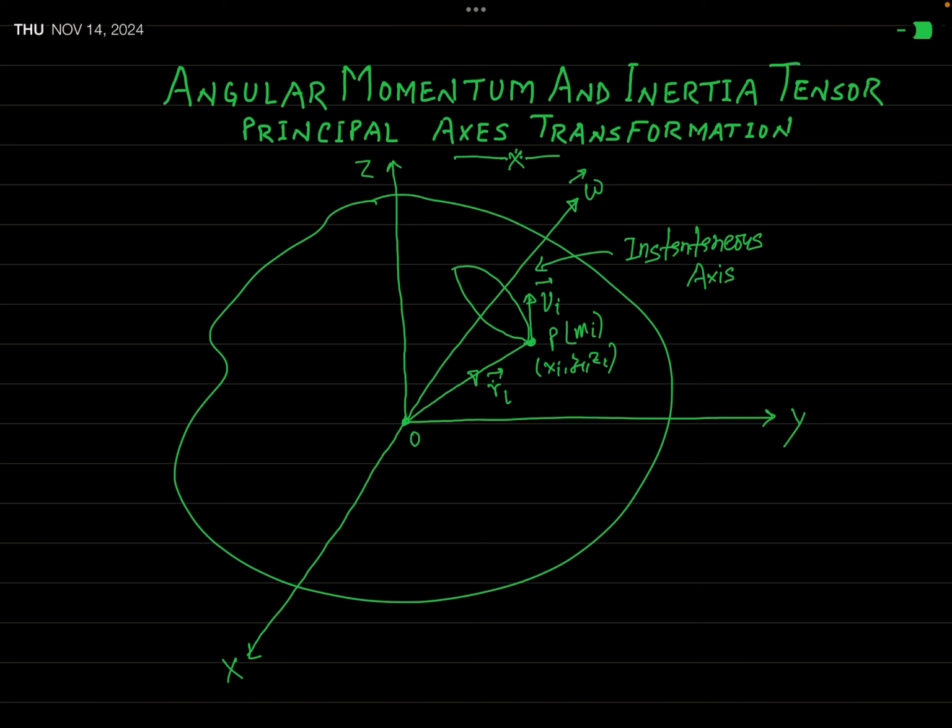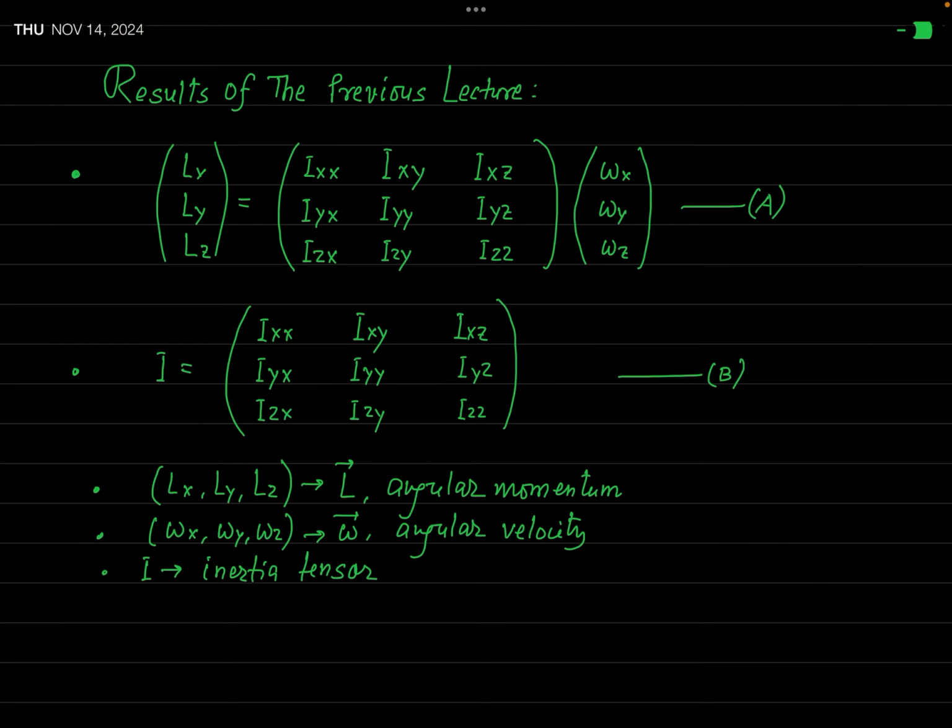Now, to understand the principal axis transformation, we will need the final result of the previous lecture. You learnt that the angular momentum vector is represented in matrix notation by this column matrix Lx, Ly and Lz. These are the components of the angular momentum vector along the body set of coordinate axes.